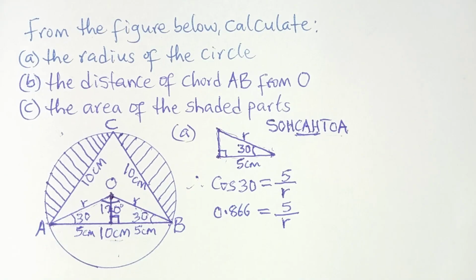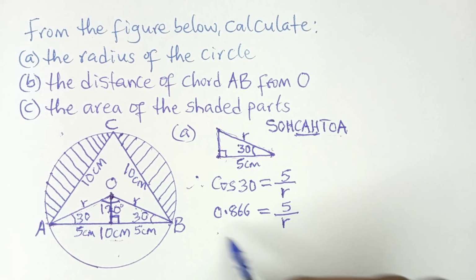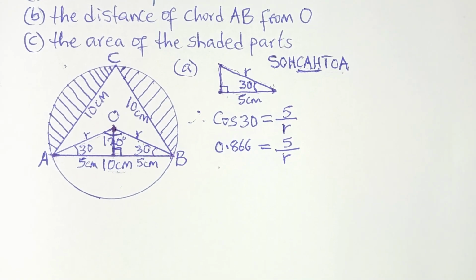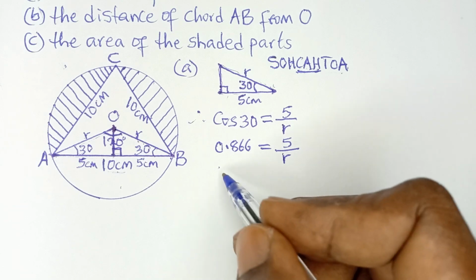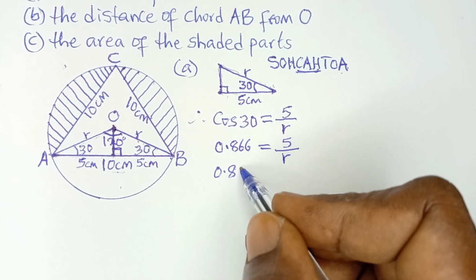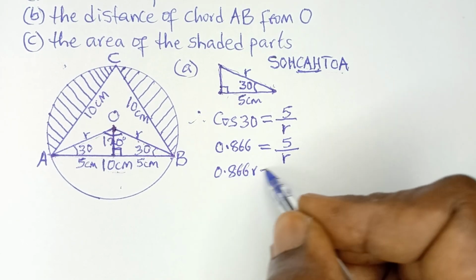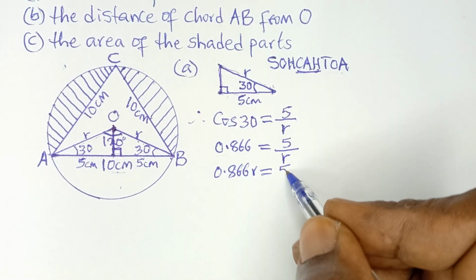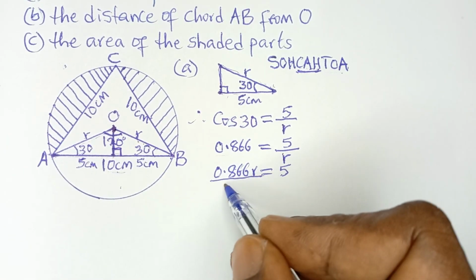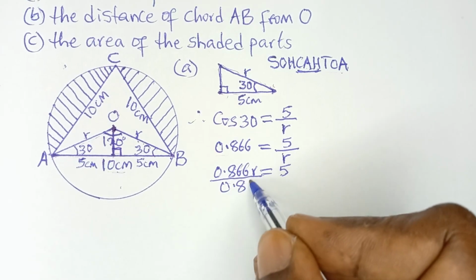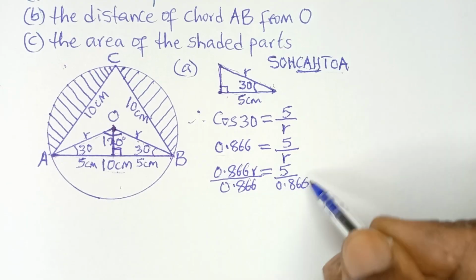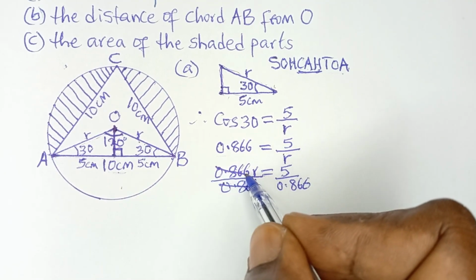So if we cross multiply now, it's going to give us 0.866 multiplied by r, that is 0.866 r, and that will be equal to, this is like over 1, so 5 multiplied by the 1 here is going to give us 5. So can I divide both sides by 0.866? 0.866 divided by 0.866, so we cancel this.